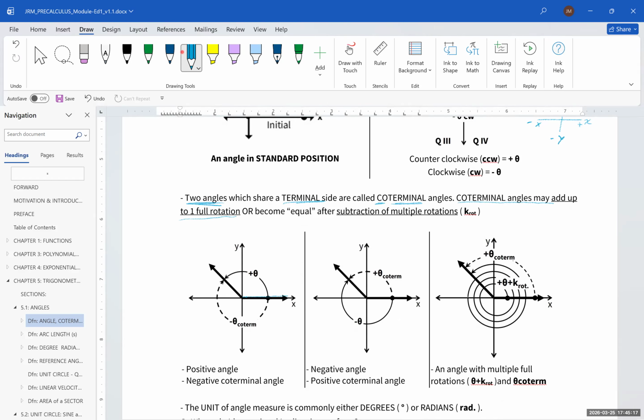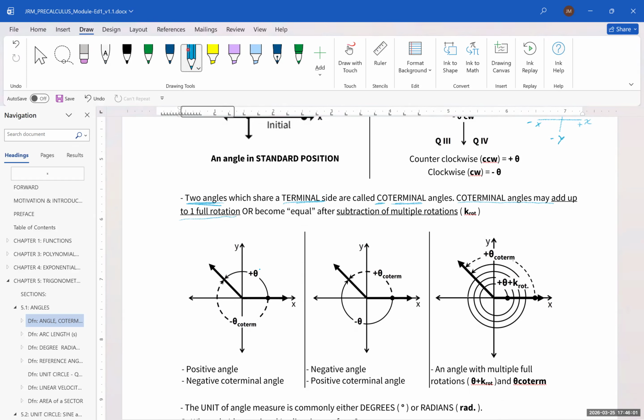Here we've got the initial side of the angle on the x-axis. If we measure the angle positively, going in a counterclockwise direction, and stop here at the terminal side, then the angle coterminal to this positive angle is the one going in the other direction, clockwise. Here we have our angle, and down here we have our coterminal angle.